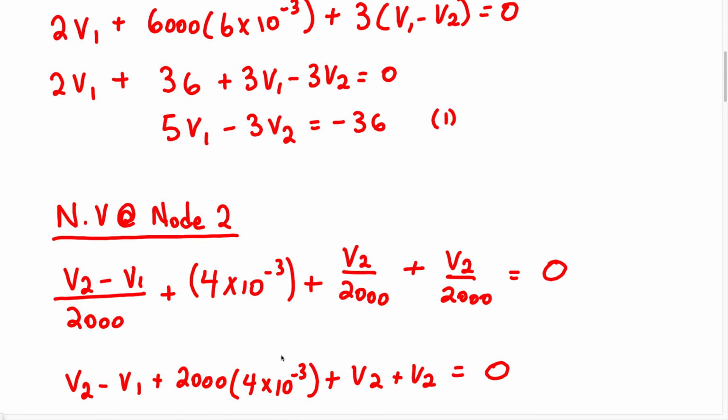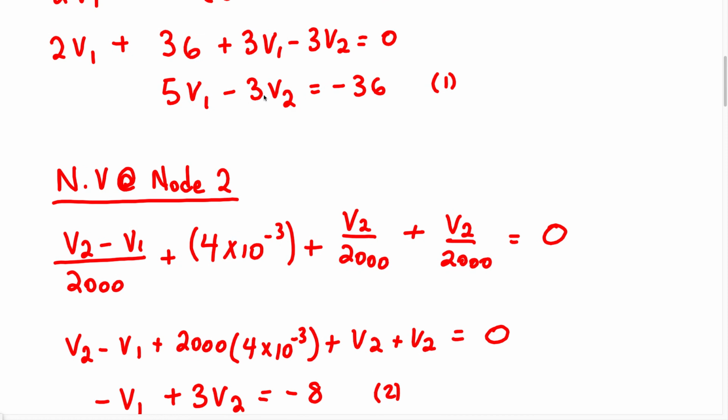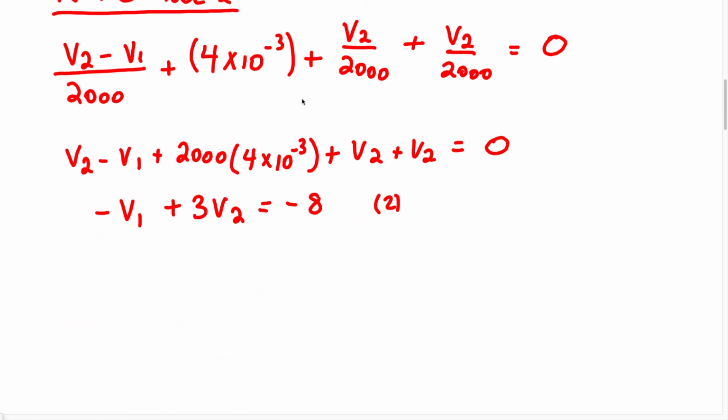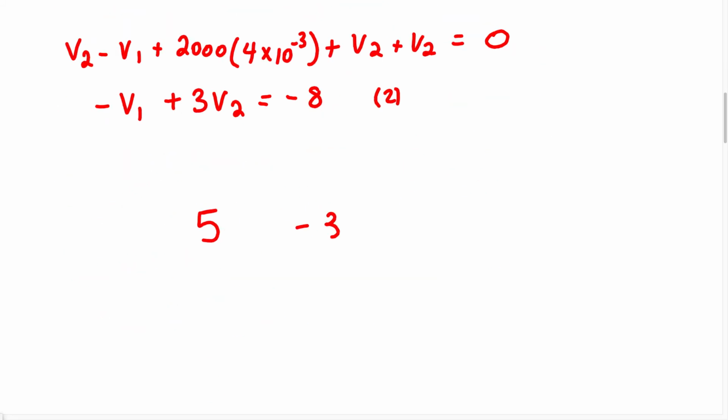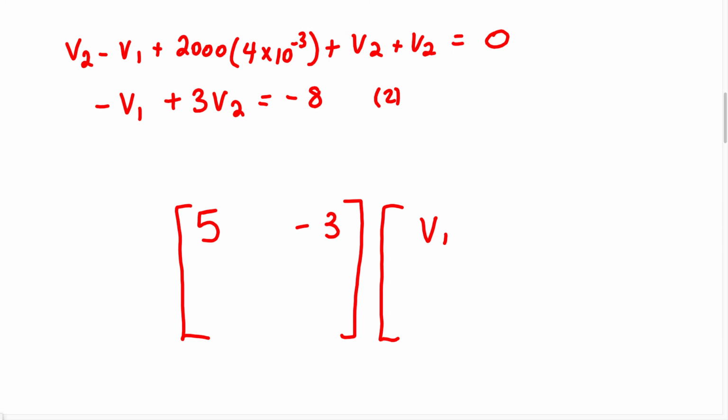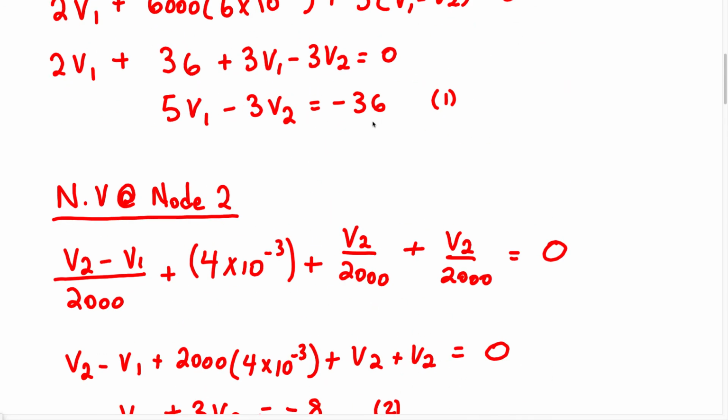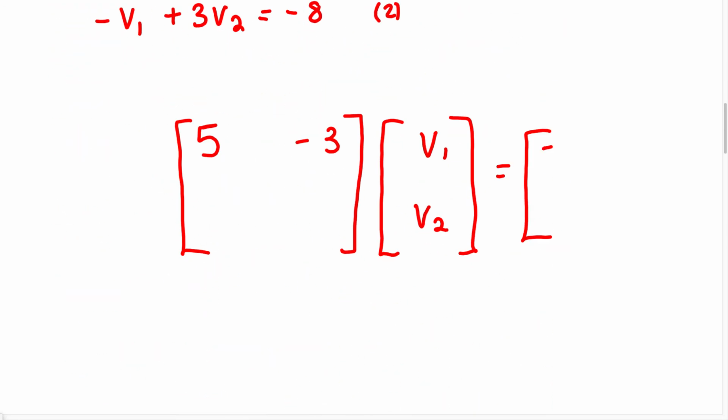Now let's write this as a matrix. We have 5V1 minus 3V2, so let's write 5, negative 3, then V1, V2, equals negative 36.